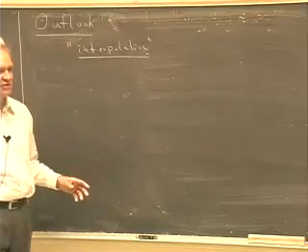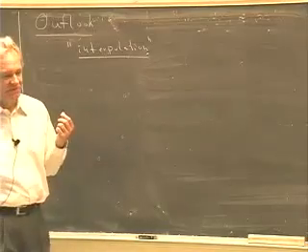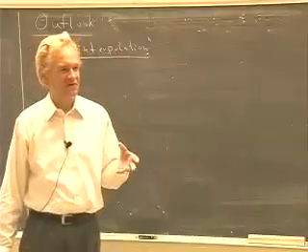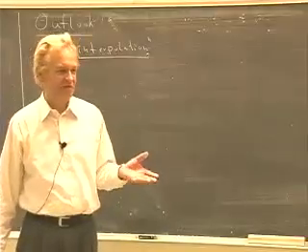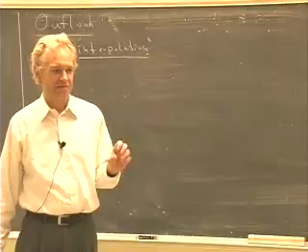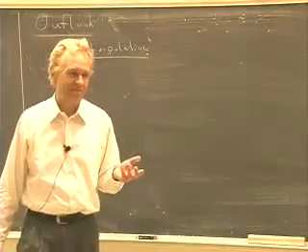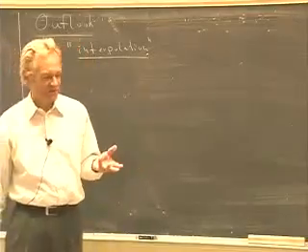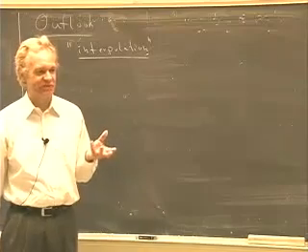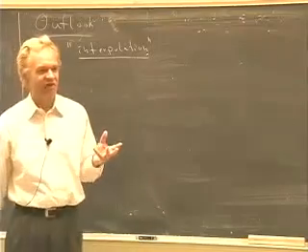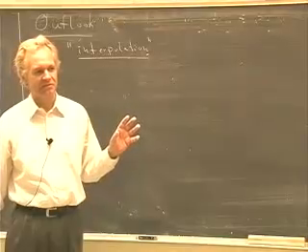I give you 5 points, and I want to find a curve that passes through these five points. Is that interpolation? I give you 5 points, and an interpolating curve is a curve that passes through these 5 points. That's interpolation. Okay?